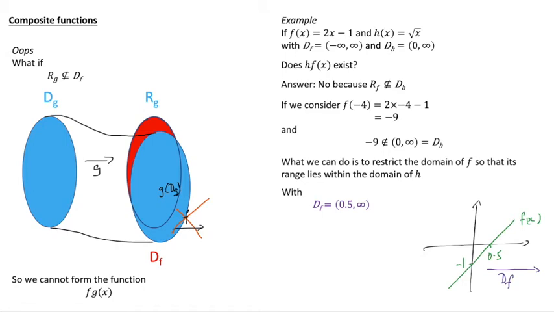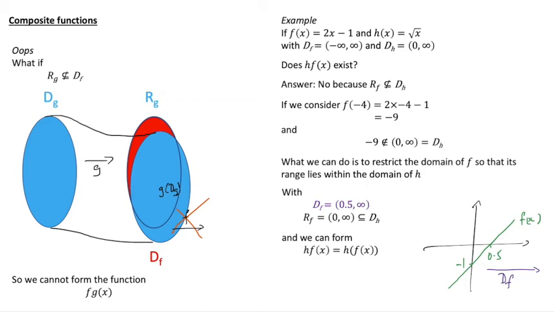We want the domain to be from 0.5 to infinity, because that will make the range of f 0 to infinity. So basically we're looking at that green line, we're seeing where it's above 0, which is what we need to match the domain of h, because that starts from 0 and goes up. Well, it doesn't include 0, but it goes up from 0. And so we're going to let our domain be from 0.5, not including the value 0.5, up to infinity.